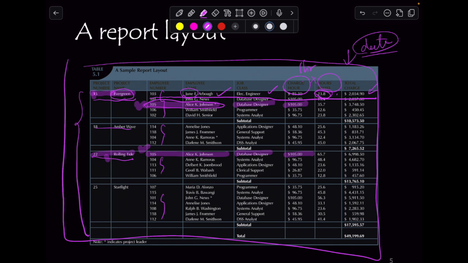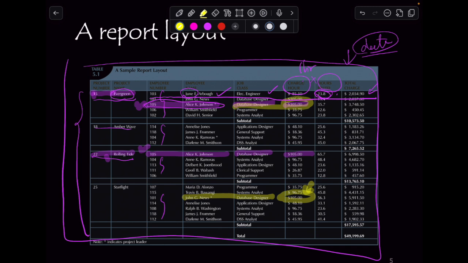Not only this, if you look at other information like job specification, for example, database designers, how much we pay, 105. But if you look at John, who is a database designer as well, and we already know we need to pay 105, but this is a part of John's employee information. So actually this $105 for a database designer, regardless of the employee, we apply the same rate.